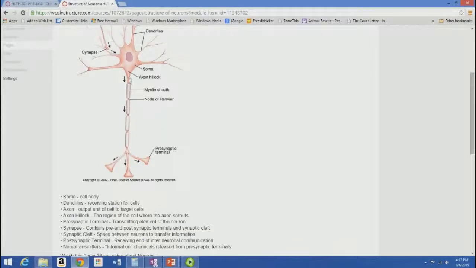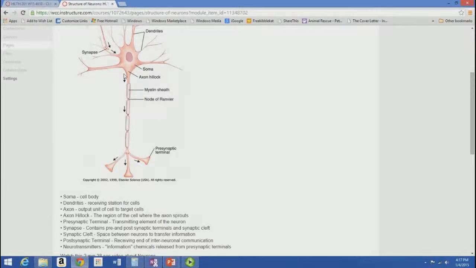The axon is a specialized projection, and it's the output unit of the cell. It's sending impulses out, sending neurotransmitters out to other cells, the target cells. There's a pointy part on the soma called the axon hillock. It's the region of the cell where the axon sprouts.